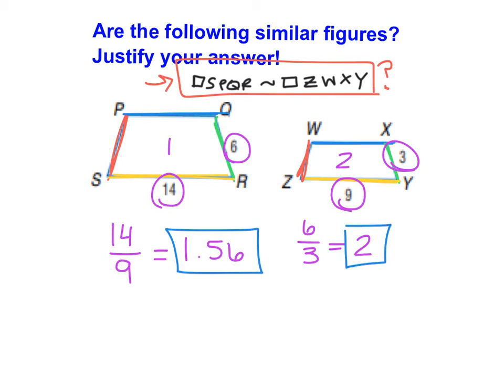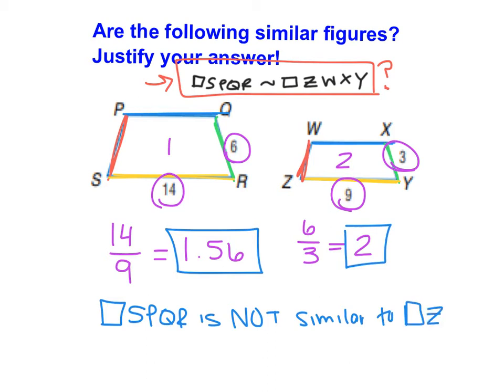Unfortunately, they do not. So what we're seeing here when we pair up what we think are those corresponding sides, and we see that they do not have side lengths that have ratios that are the same, they are in fact not similar. So here we would say that quadrilateral SPQR is not similar to quadrilateral ZWXY.